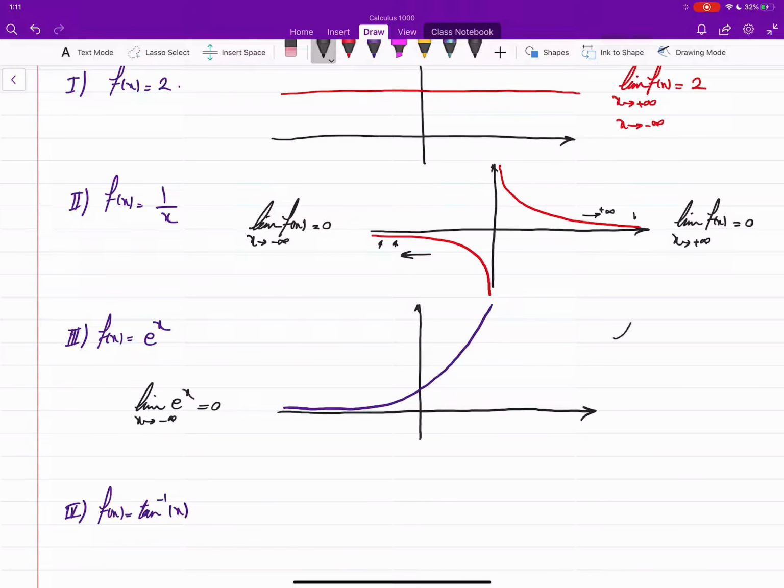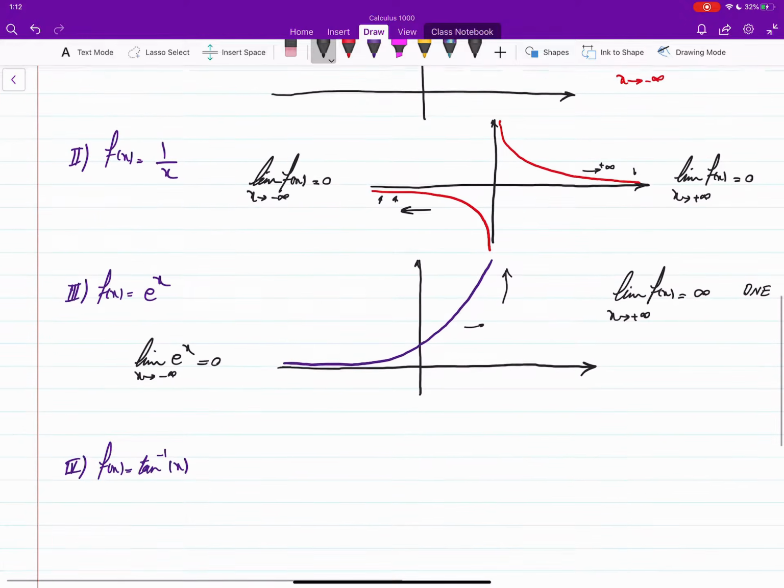How about limit of f of x as x goes to plus infinity? Actually this blows up and gets large. So the limit at plus infinity does not exist, or you can specifically say that as we move to the right, it grows bigger and bigger, so this is plus infinity.